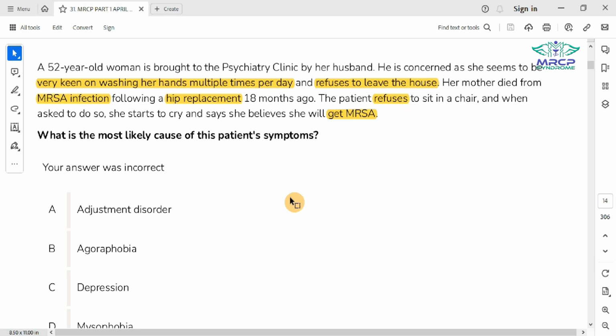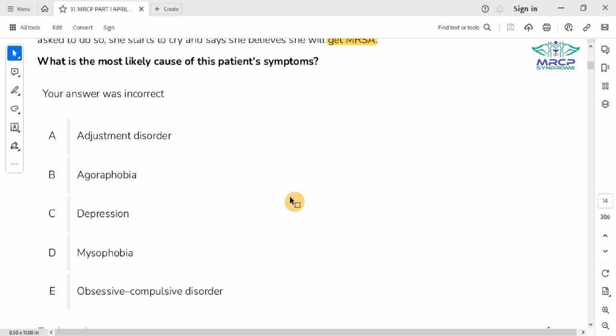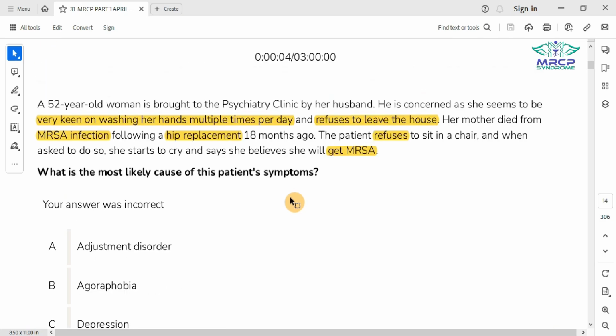What is the most likely cause of this patient's symptoms? Adjustment disorder, agoraphobia, depression, mysophobia, or obsessive compulsive disorder. A 52-year-old woman is brought to the psychiatric clinic by her husband.